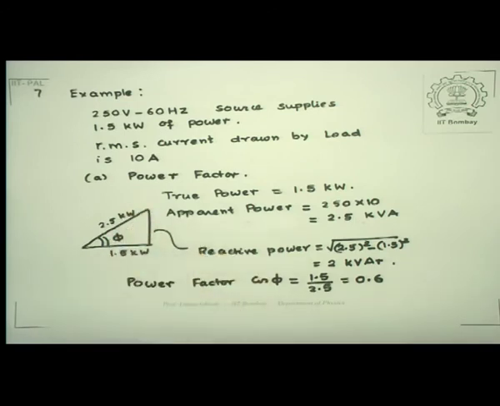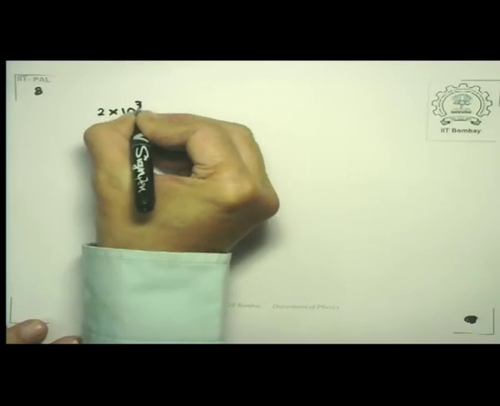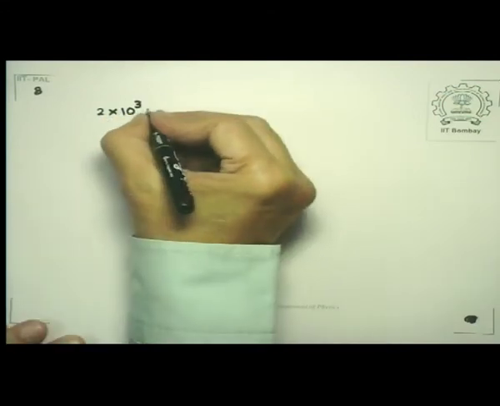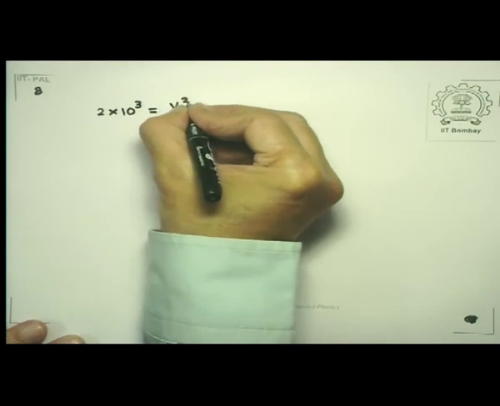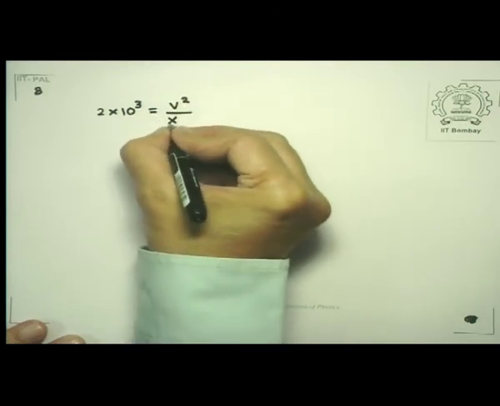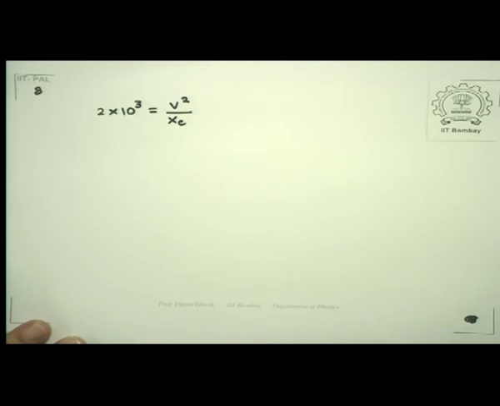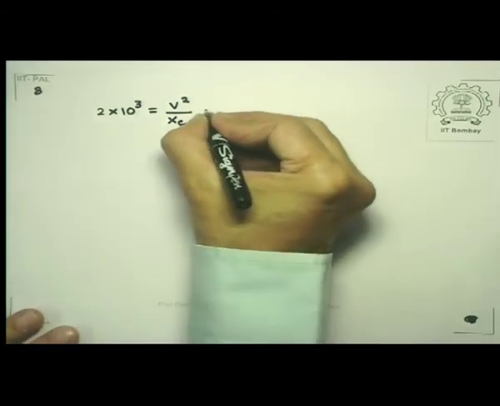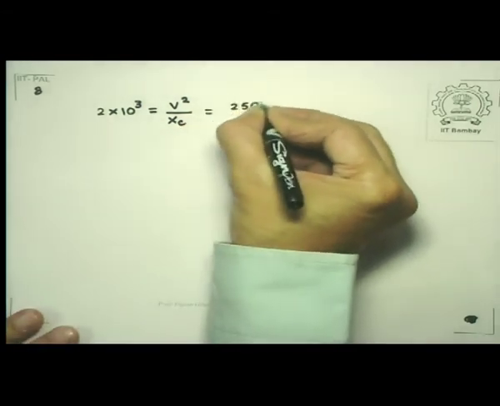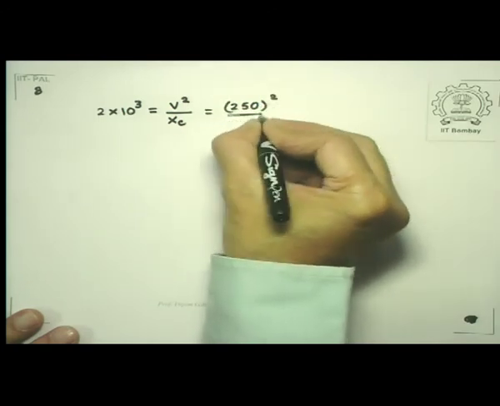reactive power component. And we had already seen that we can do that by introducing a capacitive element. So the reactive power is 2 into 10 to the power 3, and that must be equal to the voltage squared divided by Xc, and that is 250 squared divided by Xc.